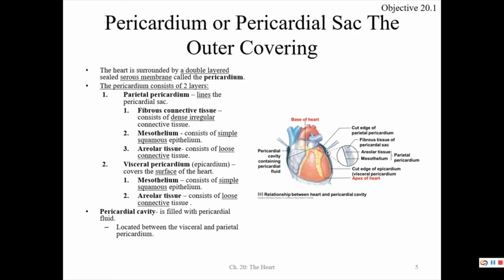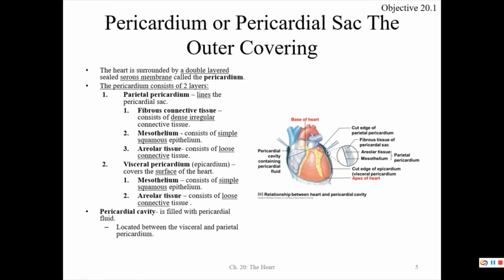Now, the visceral pericardium, also called epicardium because it's upon the heart, covers the surface of the heart. So basically, this is double duty. It plays part of the role as heart wall as well as pericardial sac. The mesothelium in here, as you can see, again, just sticking outwards, and the areolar, the loose connective tissue here.